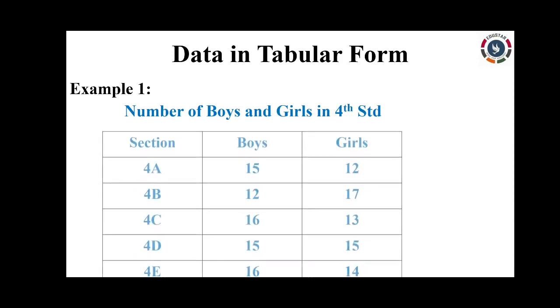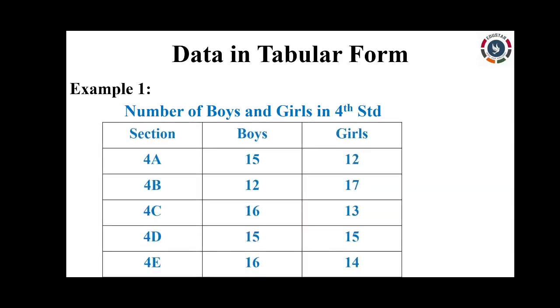Example 1. The number of boys and girls in 4th standard is given. We have just seen this in the previous example. Now that information is going to be represented in tabular form to understand easily.